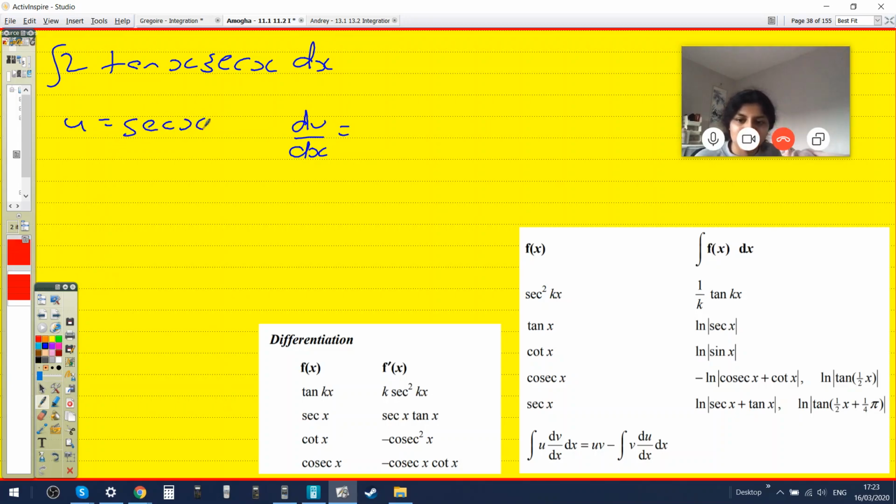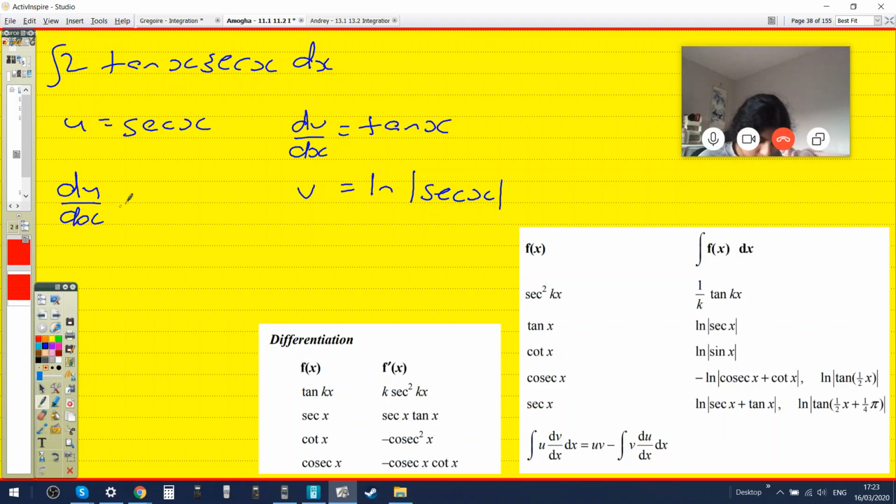So v would be ln sec x. And then du by dx would be sec x tan x. Sec x tan x.